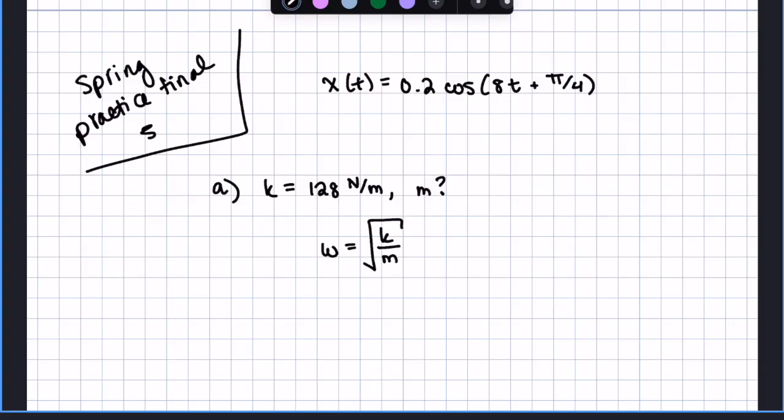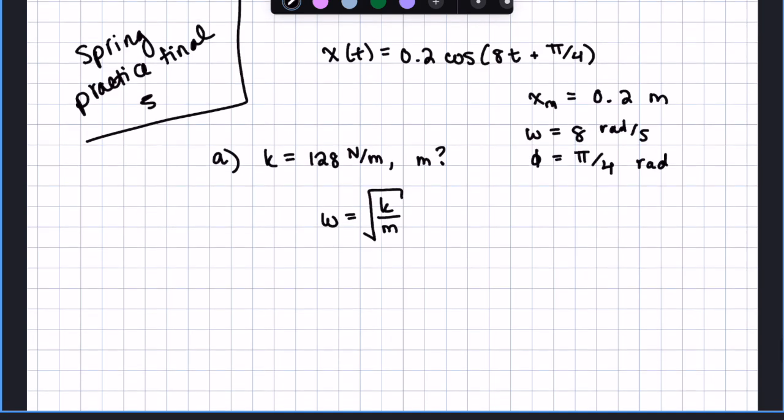By the time we get to this point of the class, both would be fine. So if I know my k, I could pull my omega out. I could pull out my amplitude, which is going to be that 0.02 meters in front of our cosine. Omega is going to be 8 radians per second, since 8 is what's in front of our t, and then our phase constant here is the pi over 4. That would also be in radians.